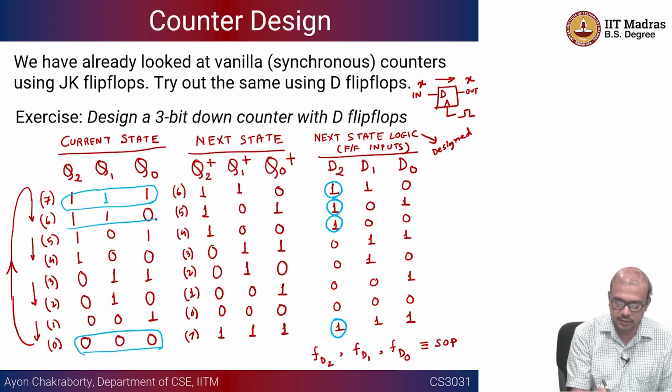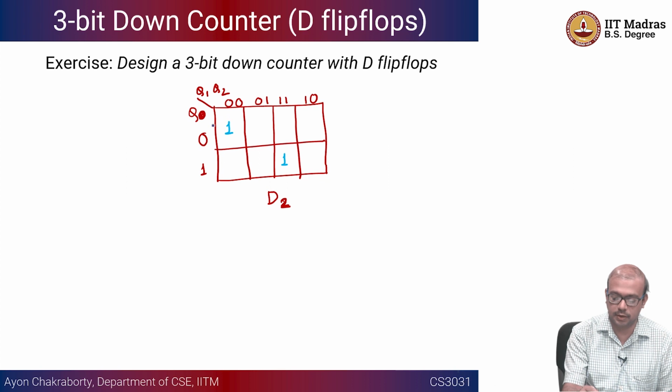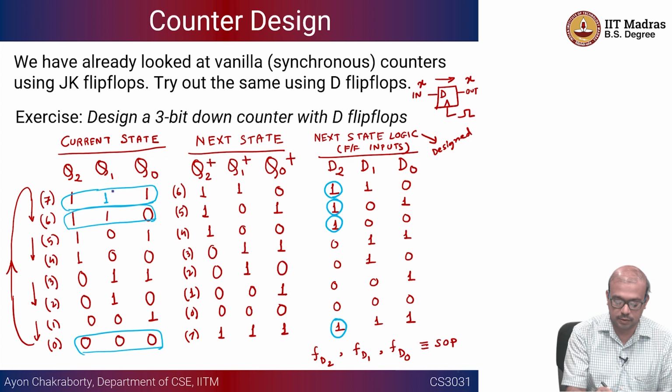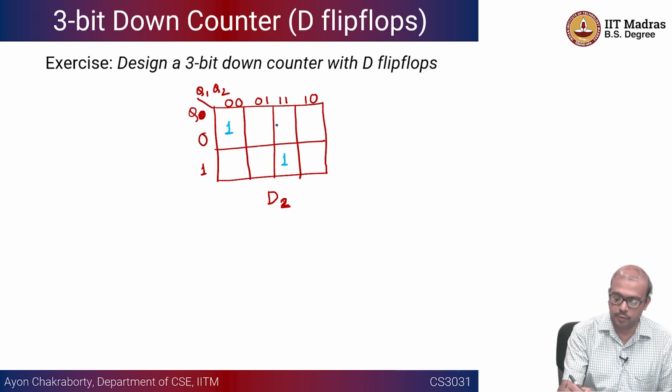Then we have 1 1 0. So Q1 Q0 is 1 0, Q2 is 1. Sorry, Q0 we have taken separately, so Q1 Q2 we have to see. Q1 Q2 should be 1 1 and Q0 should be 0.